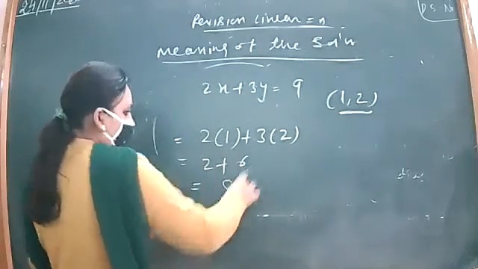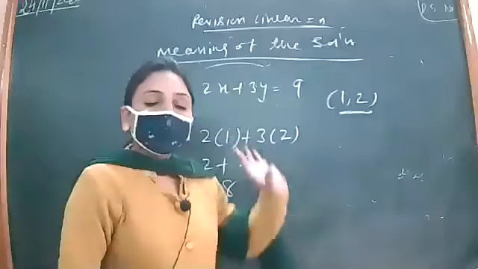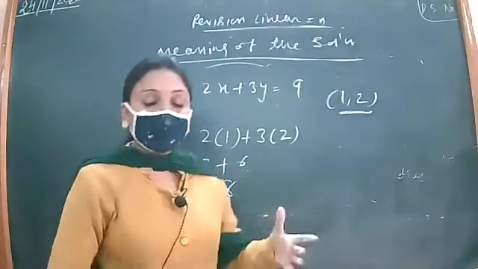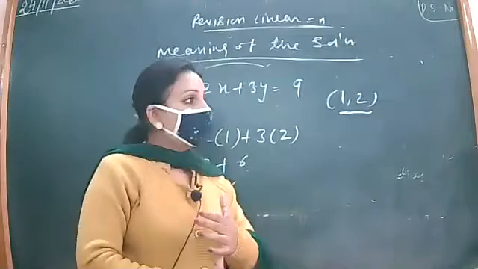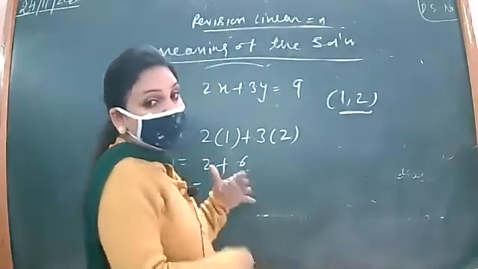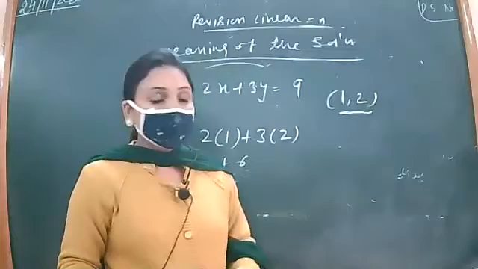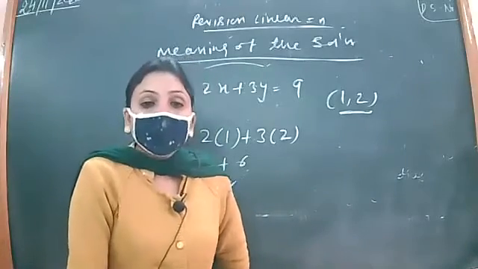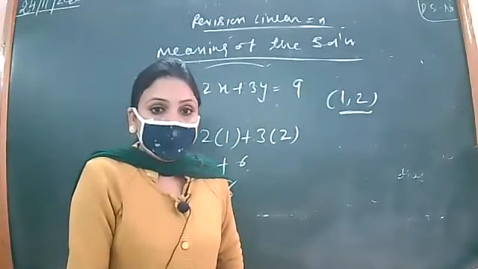We get 8, which is not equal to the right hand side. That means (1, 2) is not a solution of the given equation. So that ordered pair will become the solution of the equation for which, after putting, the left hand side and right hand side come out to be equal. This is the meaning of the solution of the equation, right?